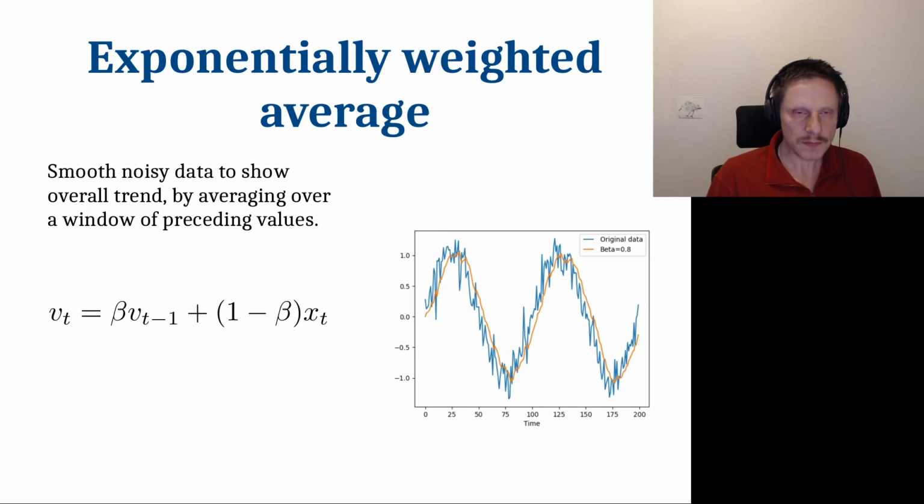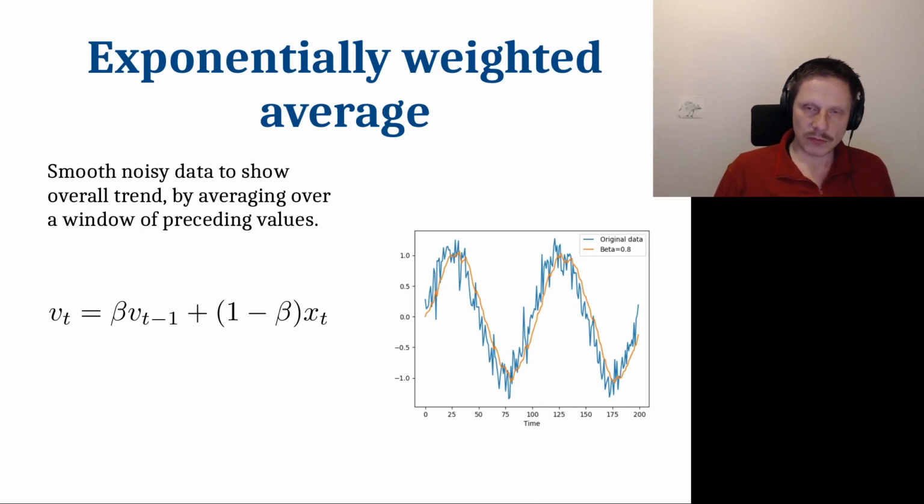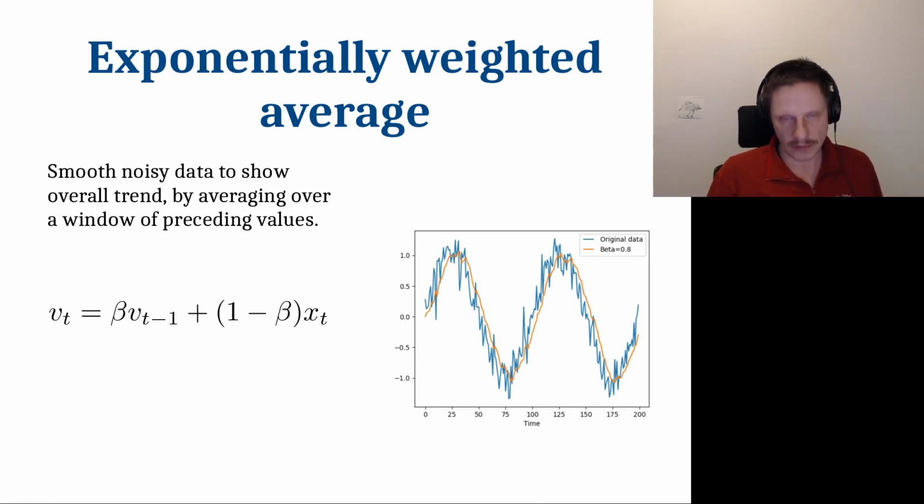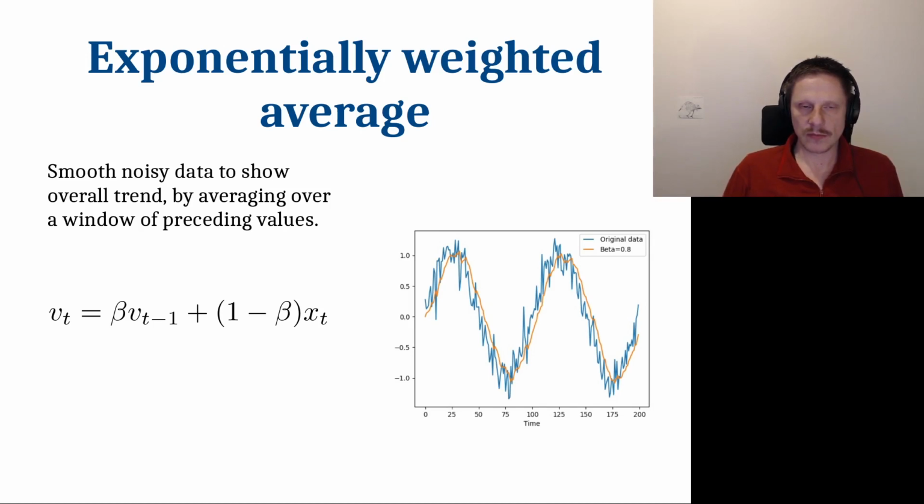So basically what we're going to do with the smoothed value v at the current point in time t is a weighted sum of the previous smoothed value and the original value at the current point in time.